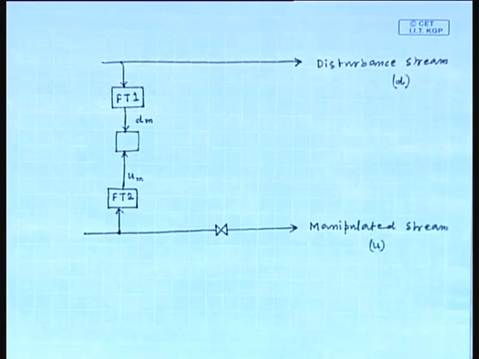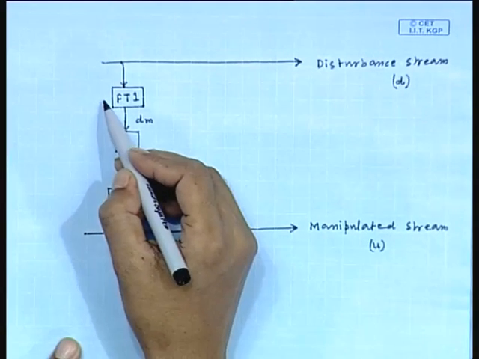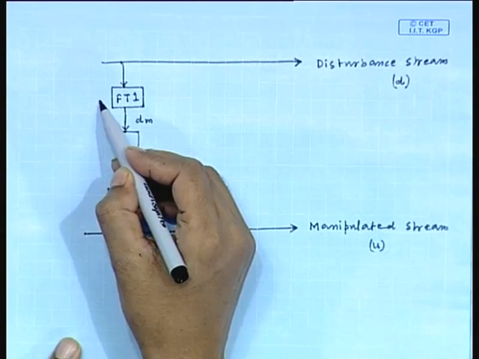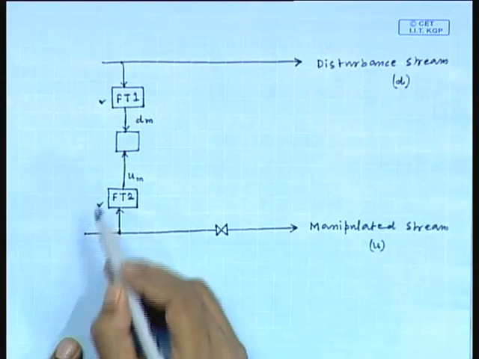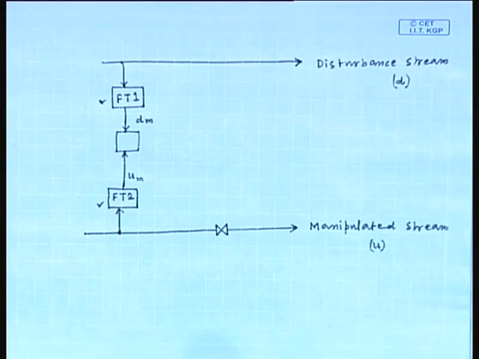It is mentioned that both the flow rates are measured. Accordingly, we can employ one flow measuring device for the disturbance stream, another flow measuring device for the manipulated input.